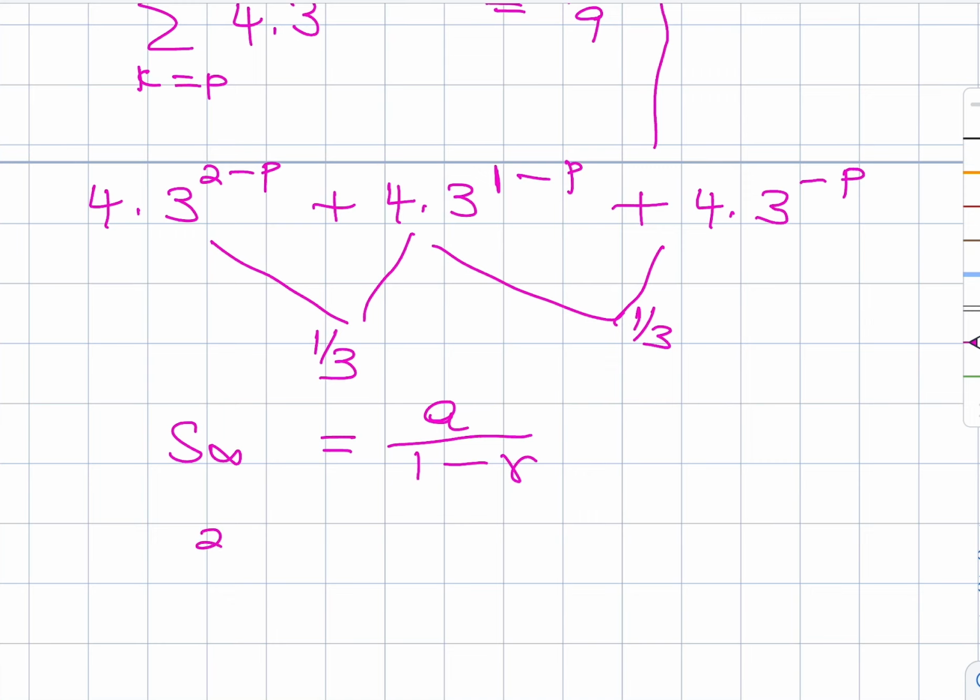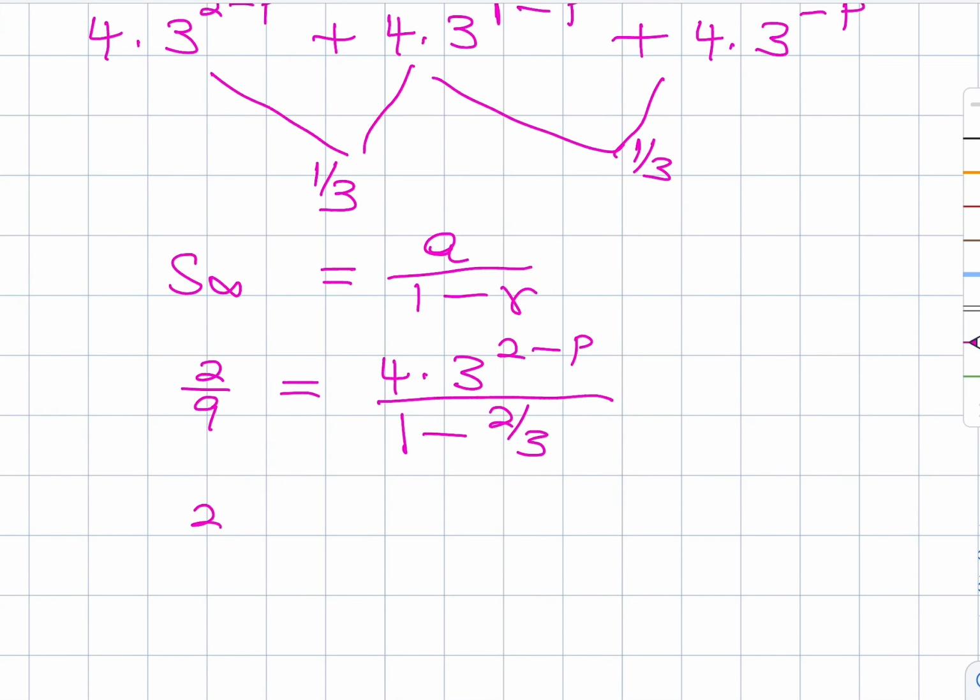So you have 2 over 9 is equal to your first term, which is 4 times 3 to the power 2 minus p, over 1 minus, remember that's your r, 1 over 3, so that will give us 2 over 3.